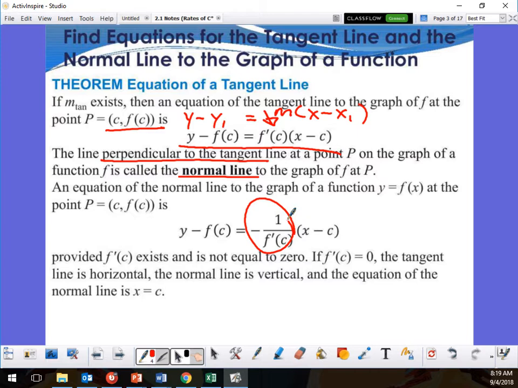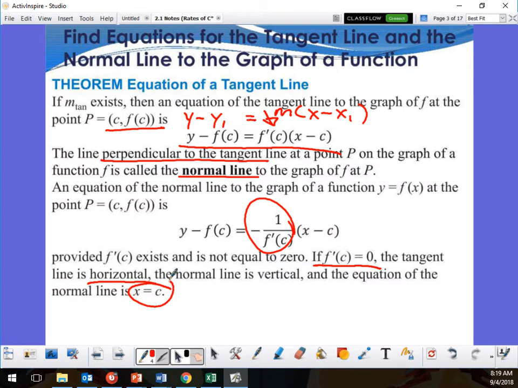Provided f prime of c exists and is not equal to 0. If f prime of c, the derivative, is equal to 0, the tangent line is horizontal and the normal line is vertical. A vertical line gives us something like x is equal to that number.